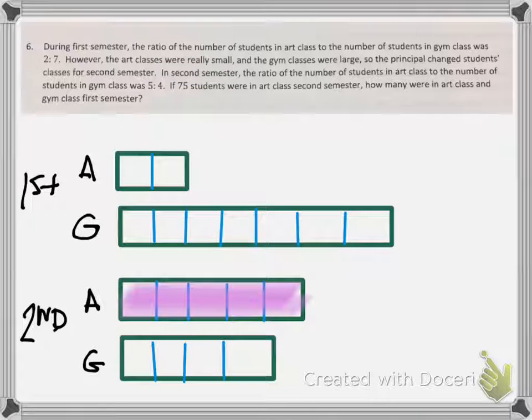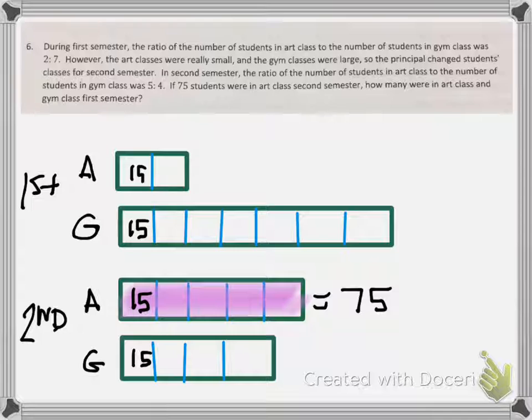Art class second semester. So I know that that tape is equal to 75 students. In order to find the constant, I divide by the total number of boxes in that tape. That's 5. So I know that every box is worth 15. That's my constant, and that's going to be the case for every box in my tape diagram.